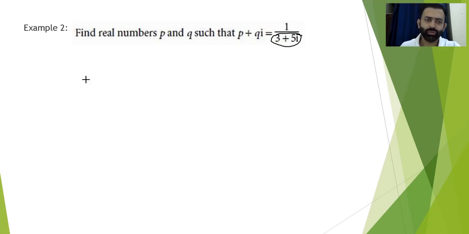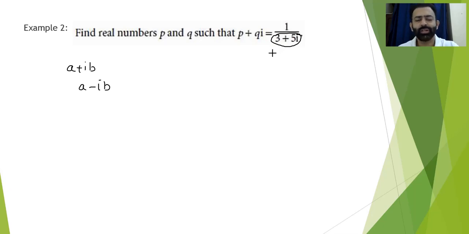If you have a complex number of the type a plus ib, its conjugate is given by a minus ib, right? So if I have to bring this complex number from the denominator to the numerator, I have to multiply by its conjugate, which is 3 minus 5i, right?